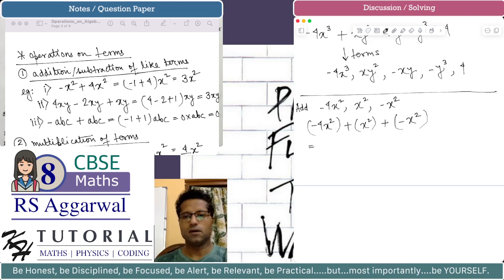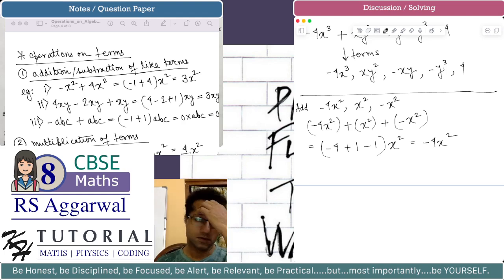As you can see, if I add the coefficients of all the terms, I get minus 4 plus 1 minus 1, and then I multiply by the literal factor common to all the terms, that is x square, and this is equal to minus 4 x square. So this is how we add like terms. The sum of one or more like terms is equal to the sum of their coefficients multiplied by the common literal factor. In this case, the literal factor was x square.